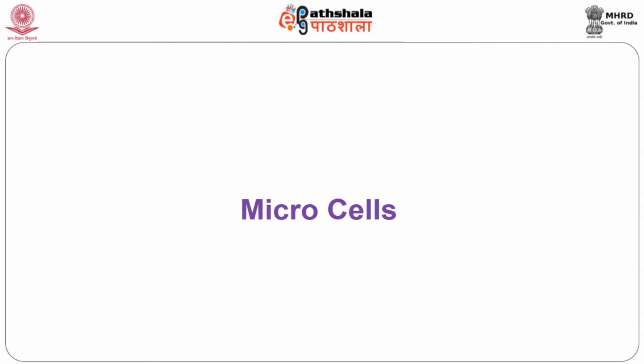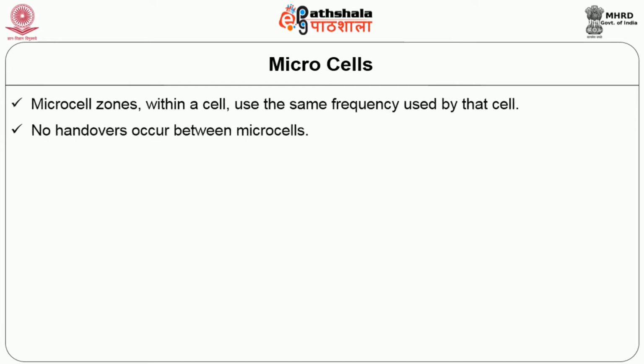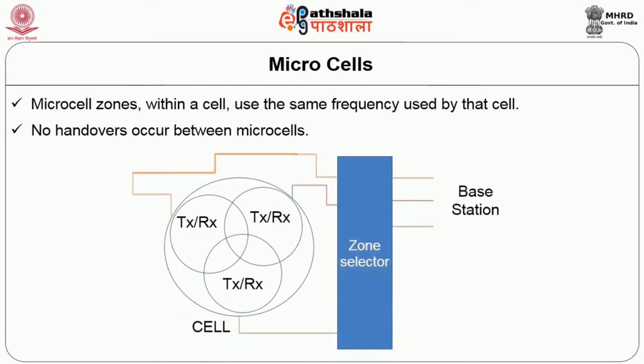Now, when do we require handoffs? When the channels allocated are different in different areas. Now, the microcell zone comes with a concept opposite to it. It says that the cell is divided into 3 microcell zones, with each of the 3 zones connected to the base station and sharing the same radio equipment.